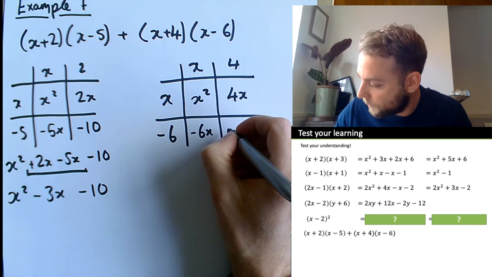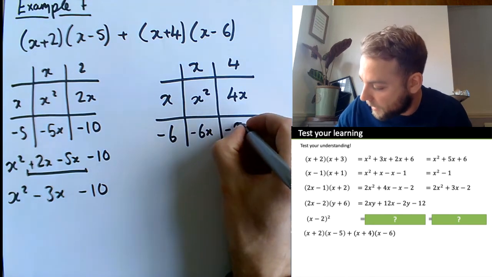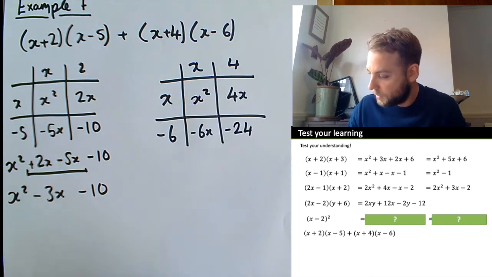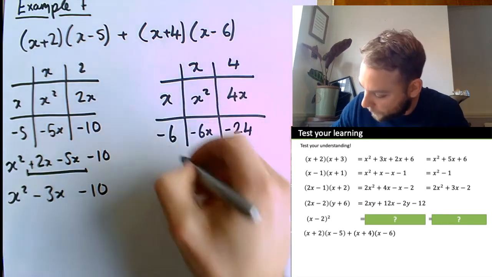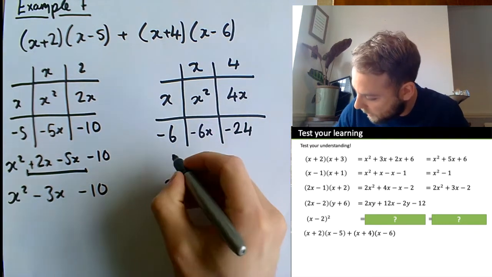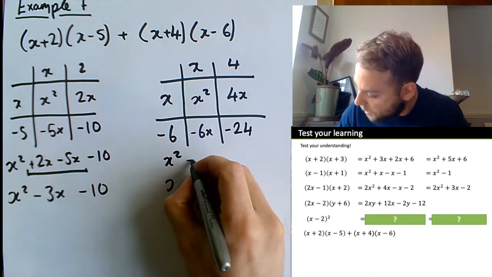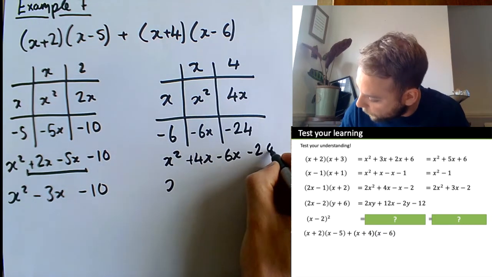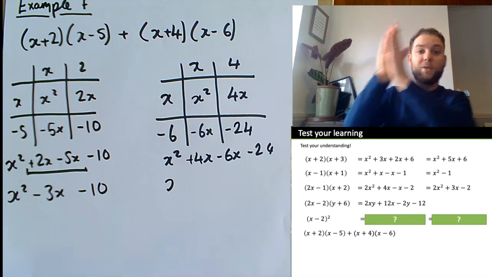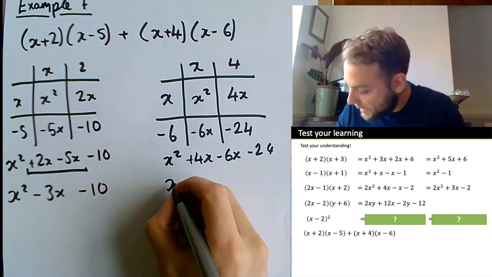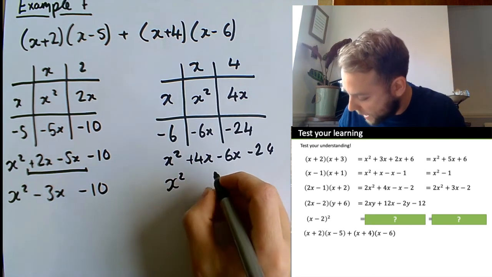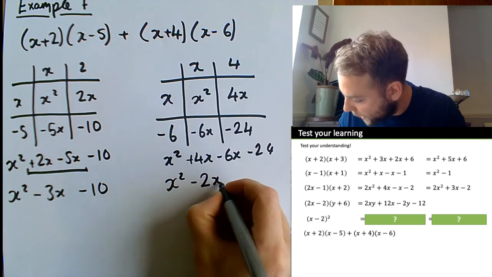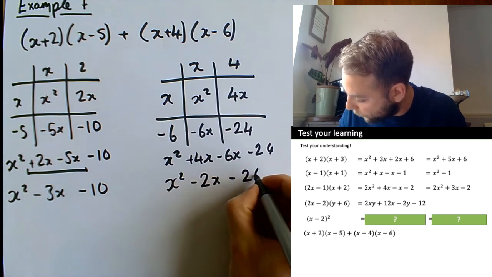Minus 6 times 4 is minus 24. So with this one here, let's bring all of these together. So it's going to be x squared plus 4x minus 6x minus 24. So 4 take away 6 is minus 2, x squared minus 2x minus 24.